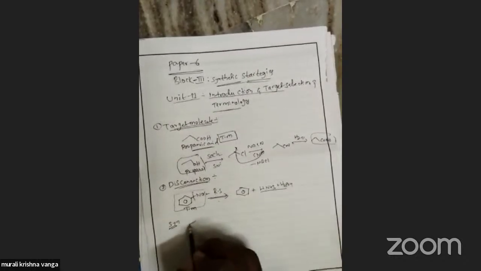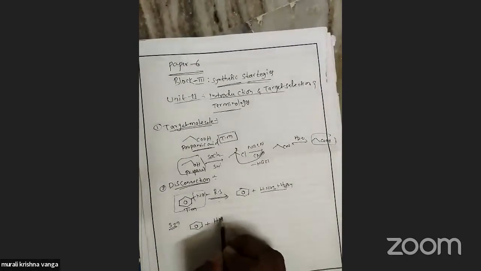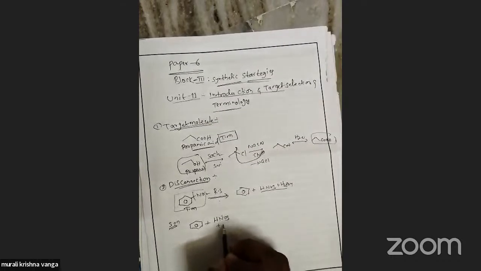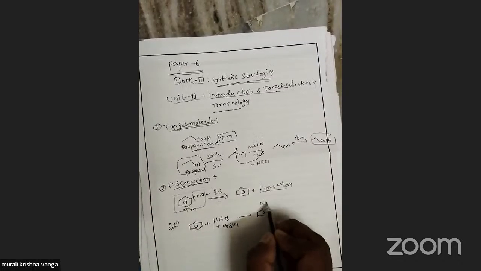Next, the synthesis. When benzene reacts with HNO3 and H2SO4, it produces nitrobenzene, so we synthesize the target molecule. The target molecule is the molecule chosen for synthesis in the laboratory, or for disconnection of bonds in retrosynthetic analysis.